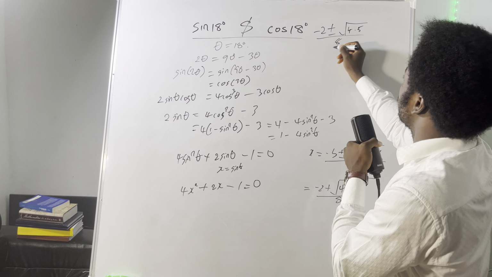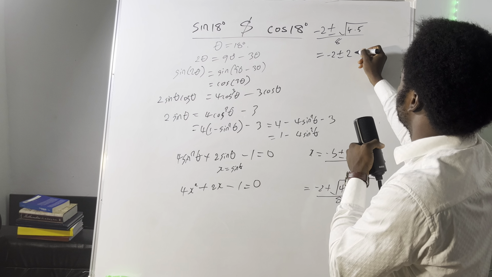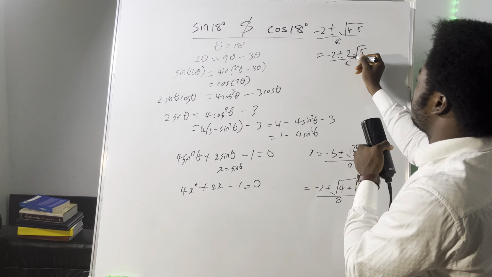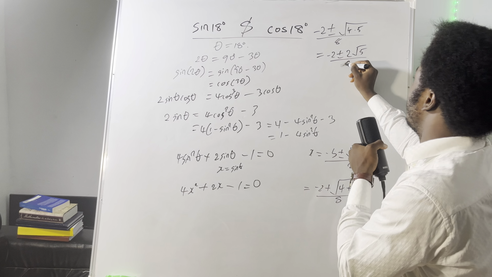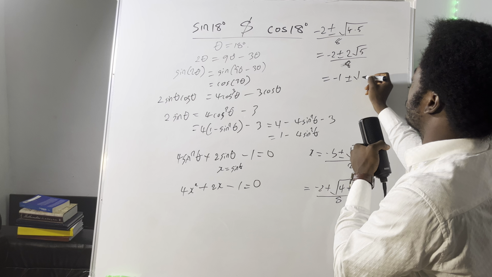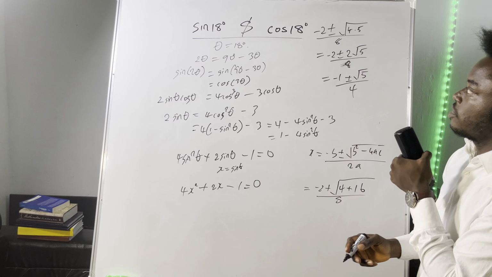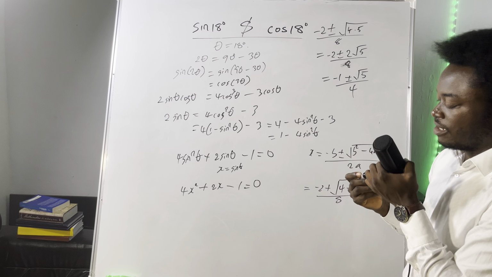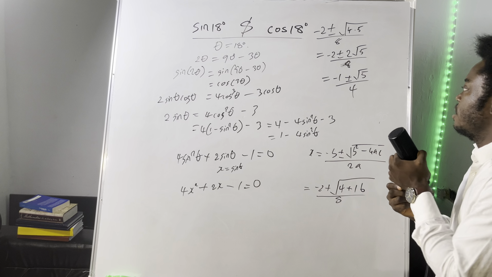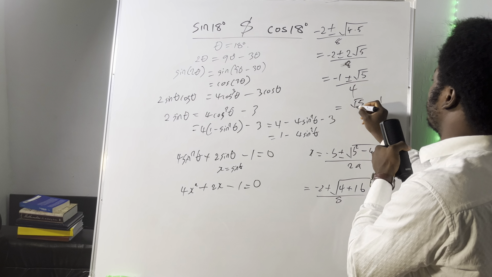So you have -2 plus or minus 2 square root of 5, all divided by 8. You can divide by 2, and you have -1 plus or minus square root of 5, all divided by 4. Because sine of 18 degrees has to be positive, since 18 degrees falls in the first quadrant, we take this to be square root of 5 minus 1, all divided by 4.